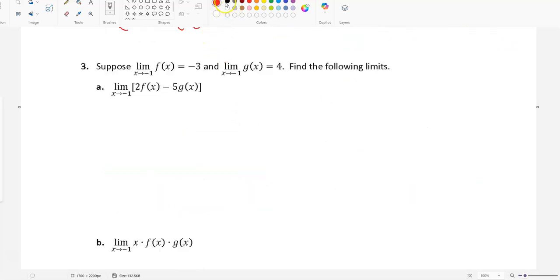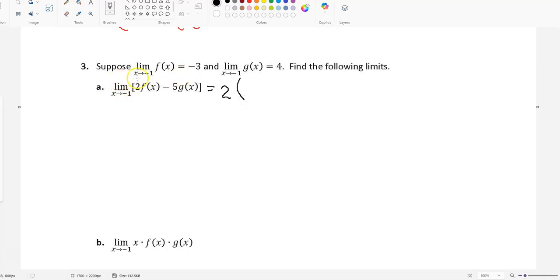Next step. Suppose the limit as x approaches -1 of the function f of x is -3. And suppose that the limit of p of x as x approaches -1 is 4. Find the following limits. Here we have to use the properties of limits. And the properties of limits tell you if such limits exist, we can do it straight by replacing.